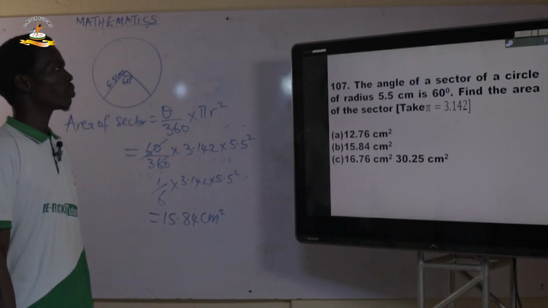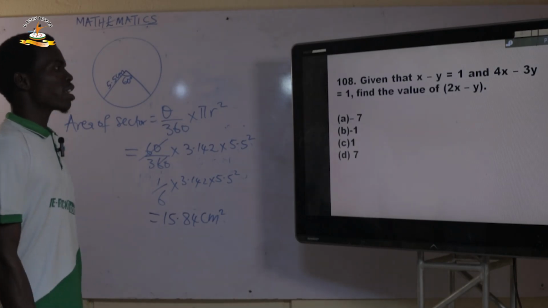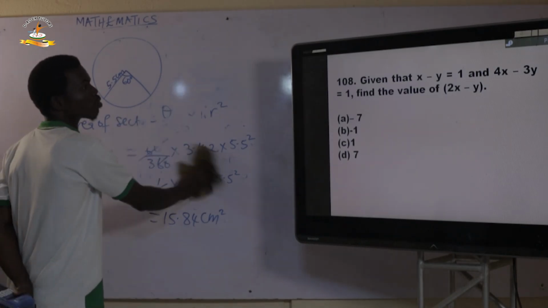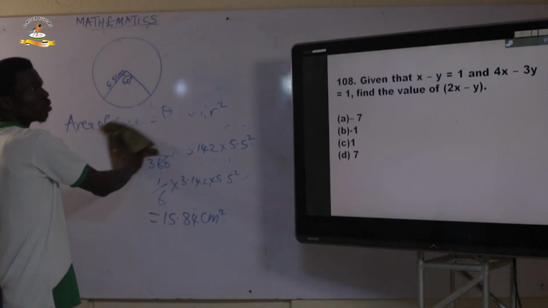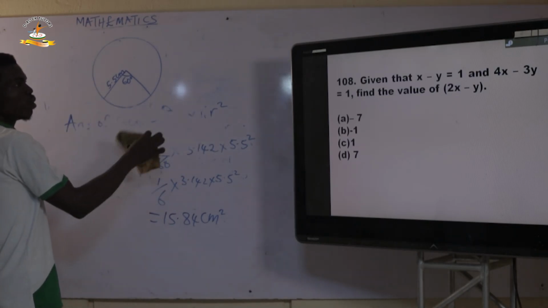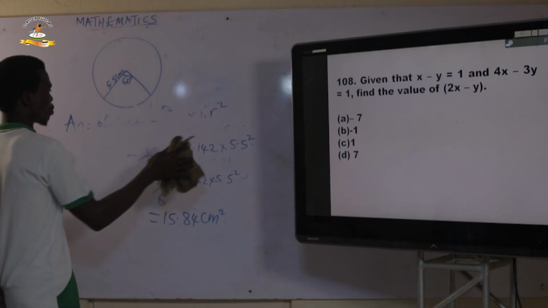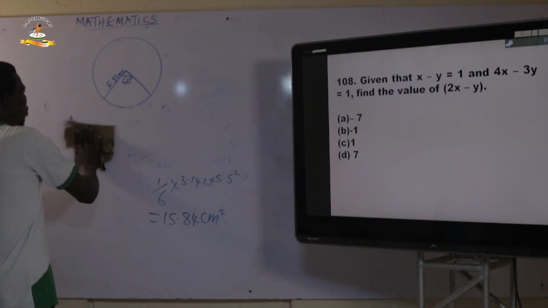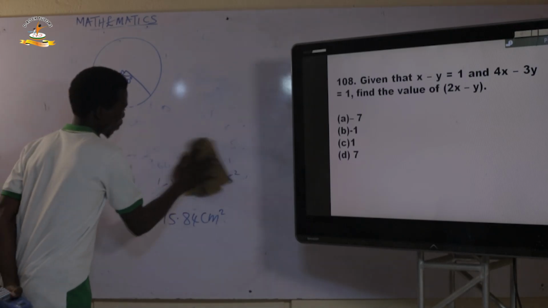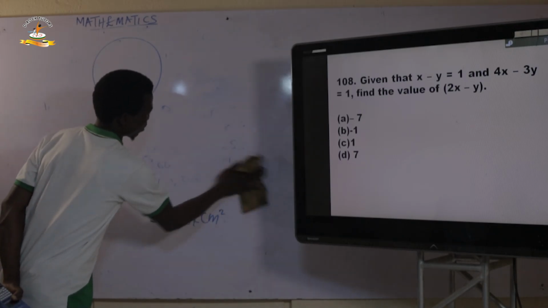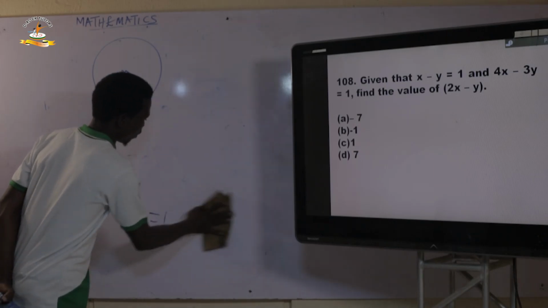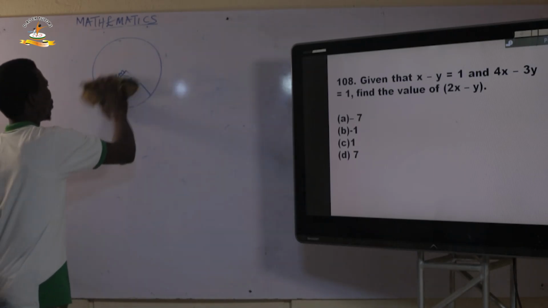Our next question. Given that x minus y is 1 and 4x minus 3y is 1, find the value of 2x minus y. So this is a simultaneous equation, and we do that either by substitution method or elimination method.